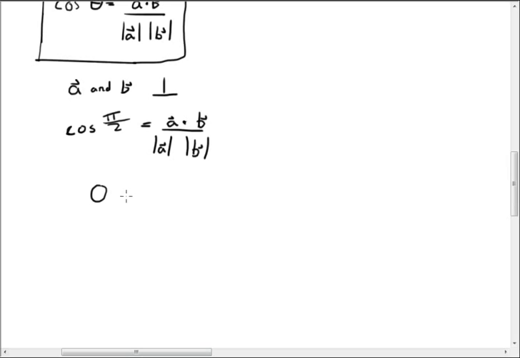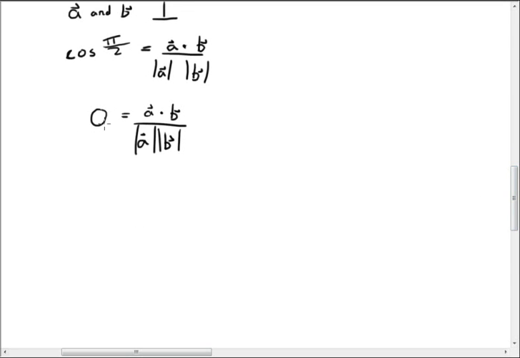So that means that 0 is equal to A dot B over the magnitudes of both.